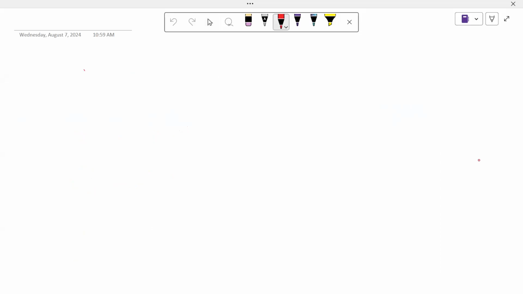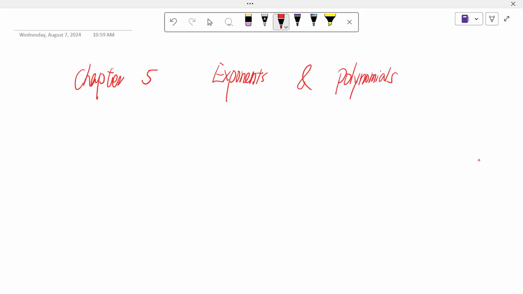Chapter 5: exponents and polynomials. So let's start with 5.1, multiplication with exponents.